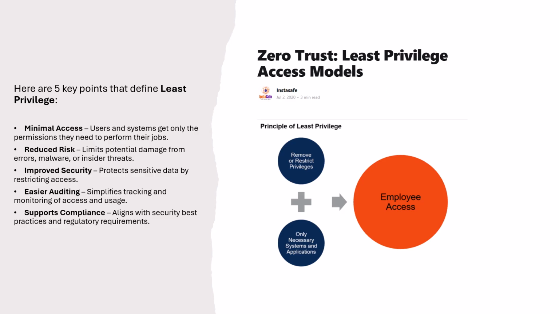The principle of least privilege is a key component of zero trust because it provides minimal access. So basically, users and systems get only the permissions that they need to perform their job. It's not only users that need access to resources, but also systems that need access to other systems. So this applies to everything.